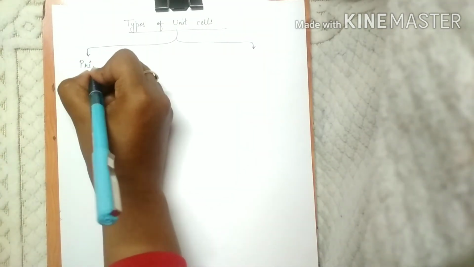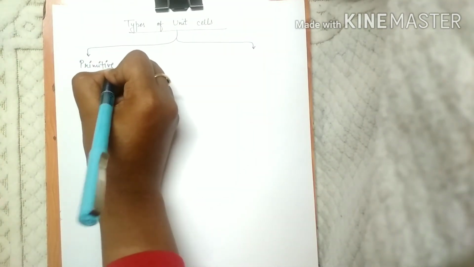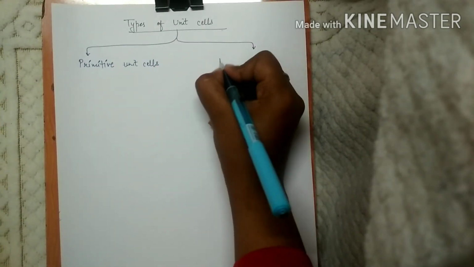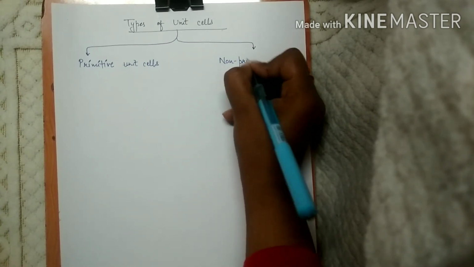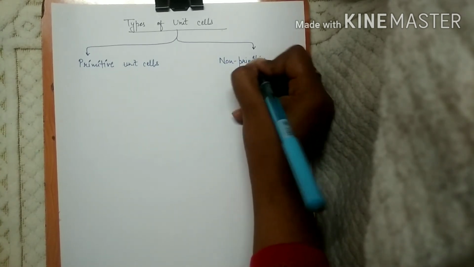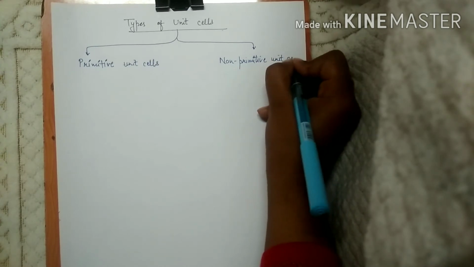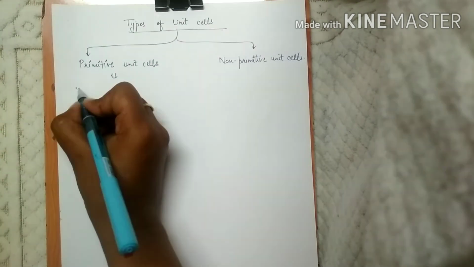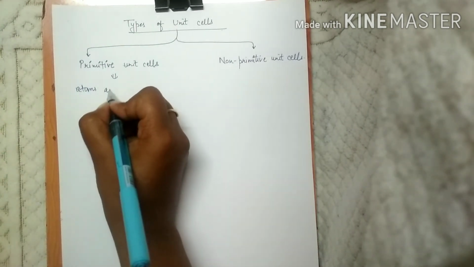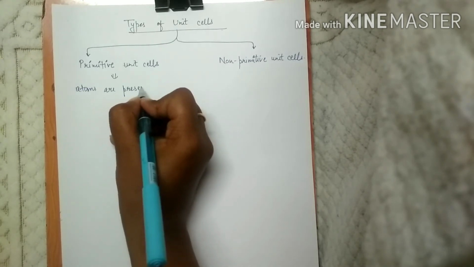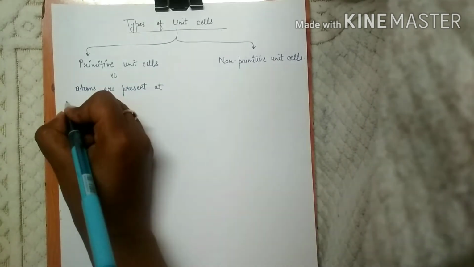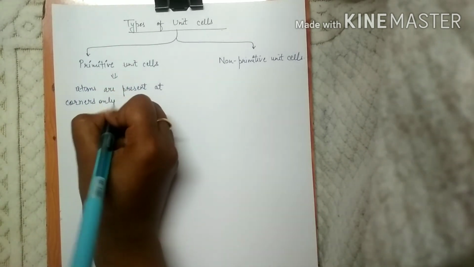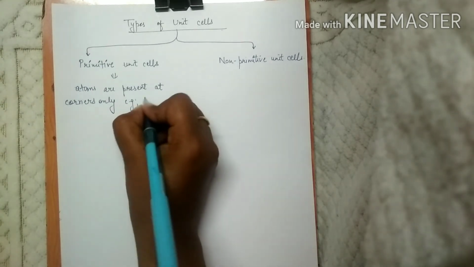One is your primitive unit cells, and the other are non-primitive unit cells. In primitive unit cell, the atoms are present at corners only. For example, in case of polonium.